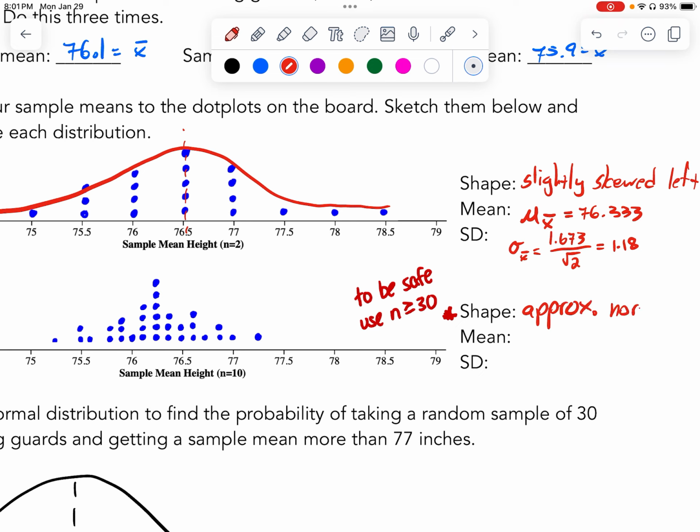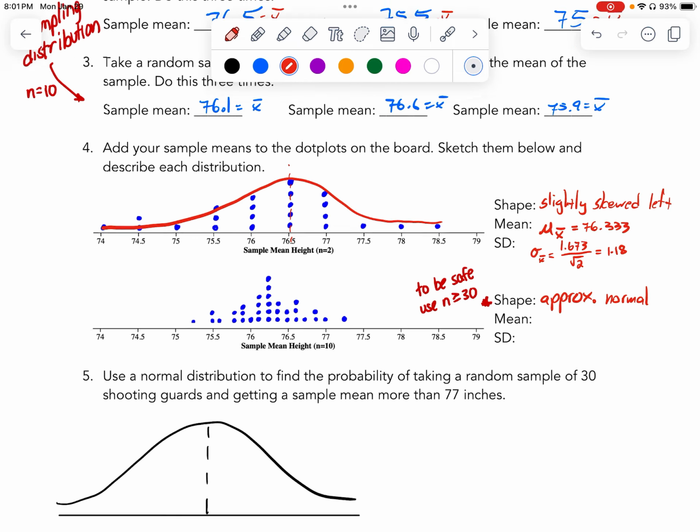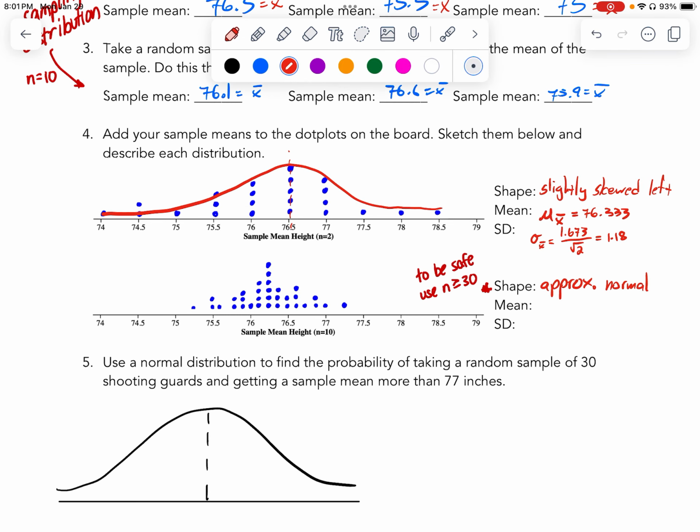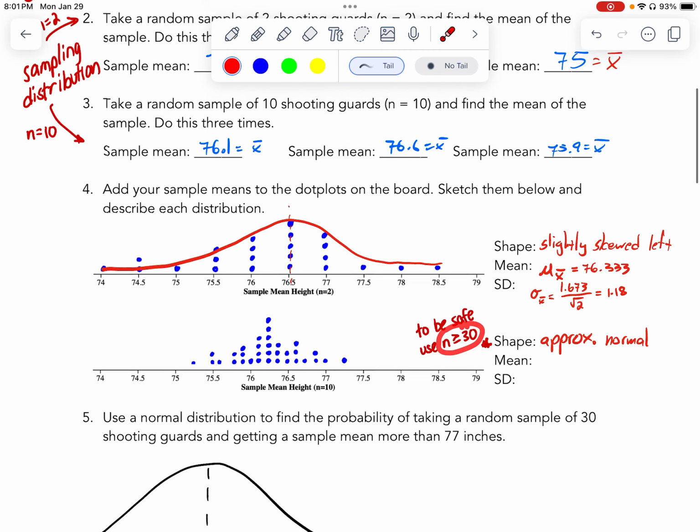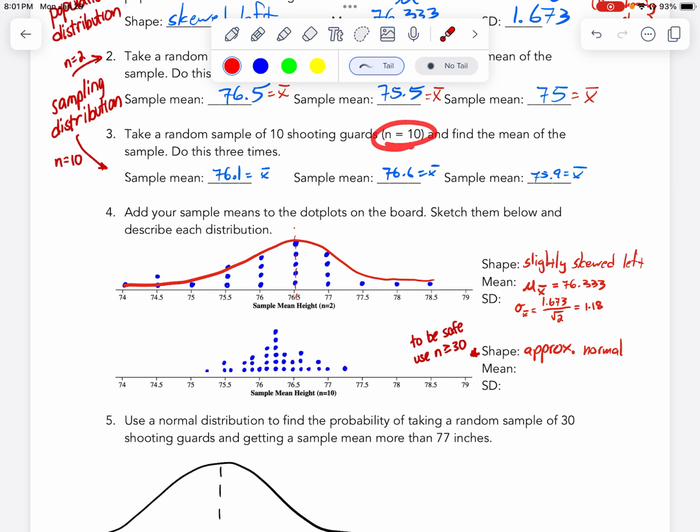Now there's a note here to remind myself. To be considered approximately normal, to be safe, we want the number in my sample to be at least 30, okay? And right now we only have 10.